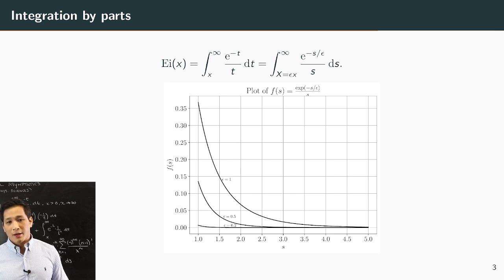Basically the function is always biggest at the left endpoint, and then it decreases monotonically to 0 as it goes to the right in the integration plane. So the smaller epsilon is, the more you think that the dominant contribution to this integral derives from the left endpoint.